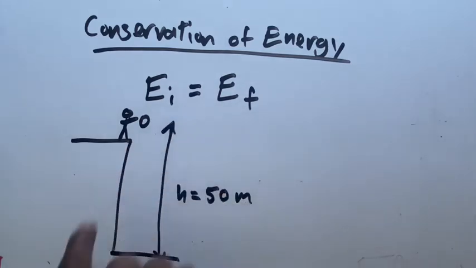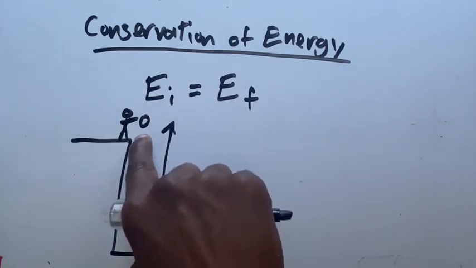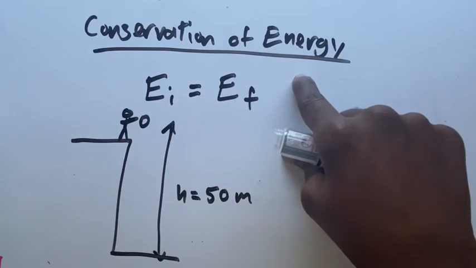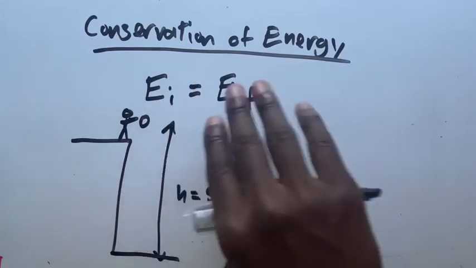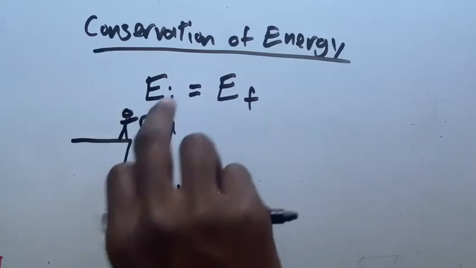If you drop this ball from the top, what would the velocity be once the ball falls 50 meters? Well, here we could say energy is conserved because no energy is being lost to the system in this situation.